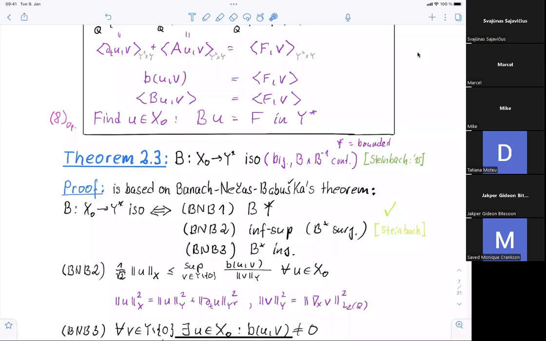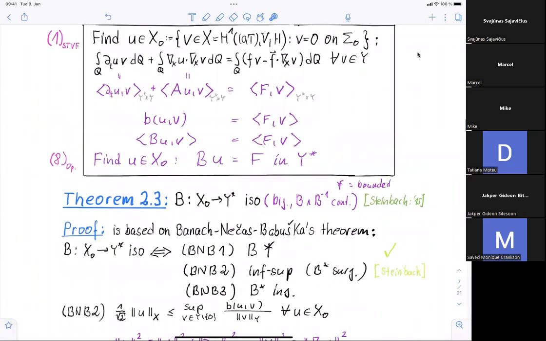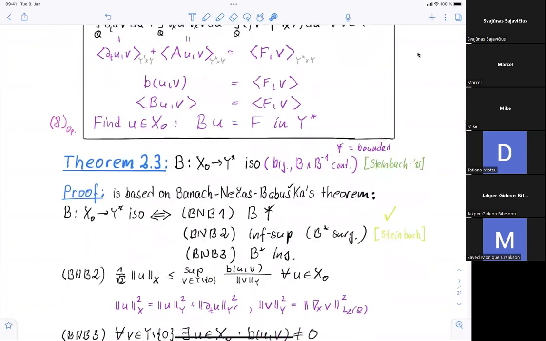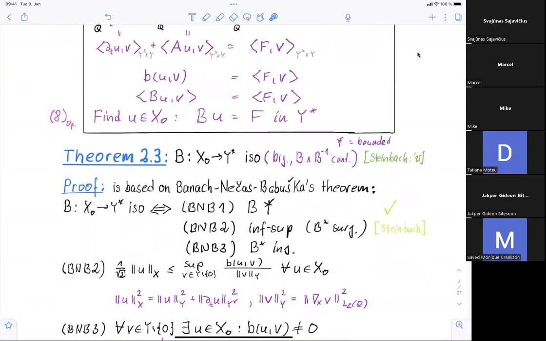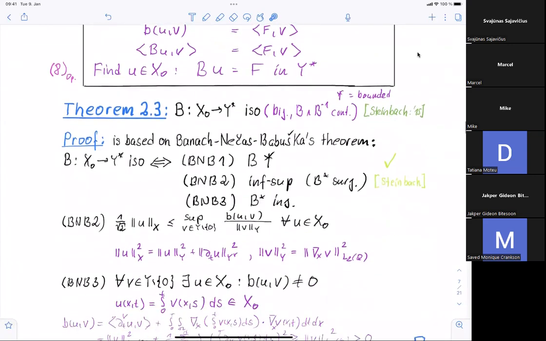B is bounded, this is easy. The bilinear form B is bounded, Cauchy, and then you have it. So this is easy. For the inf-sup condition, Olaf Steinbach could prove it with a factor 2 here, by the way, so this is not necessary. This is for the inf-sup condition for the bilinear form.